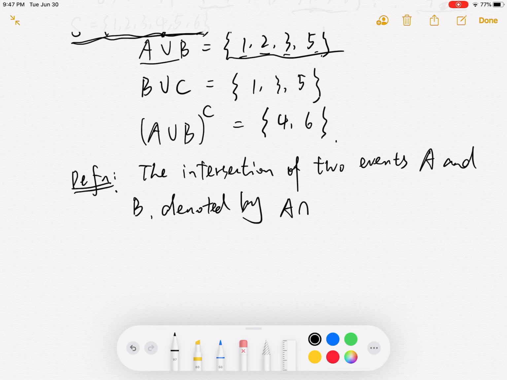So the B complement over here is {2, 4, 6}. And I gotta say this, the definition or the notation of complement is super important in probabilities, okay? You gotta be very familiar with the definition of complement, and you gotta know how to find the complement of an event.